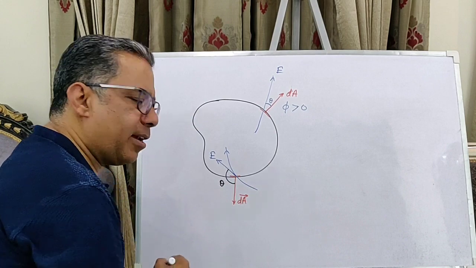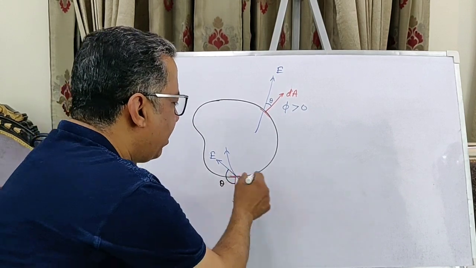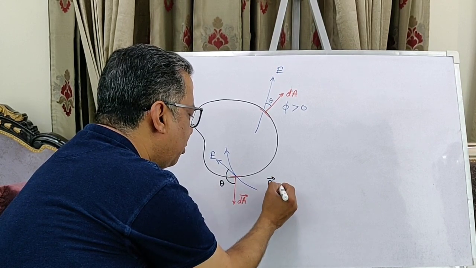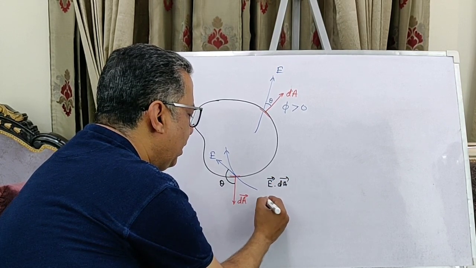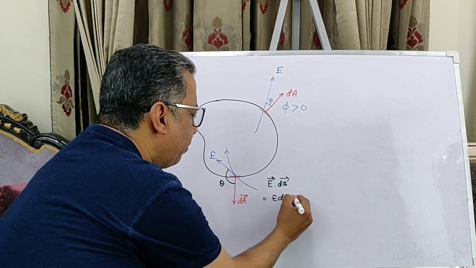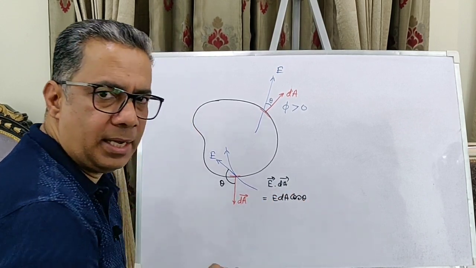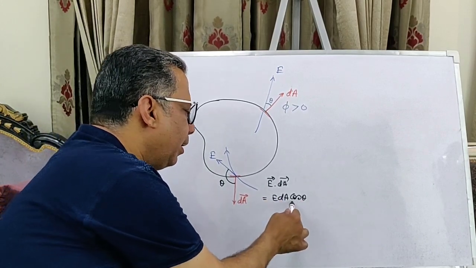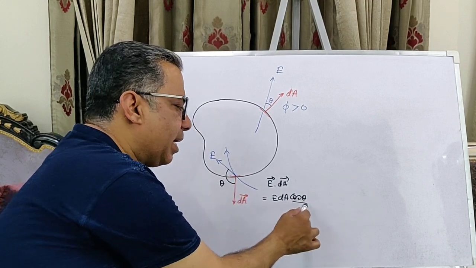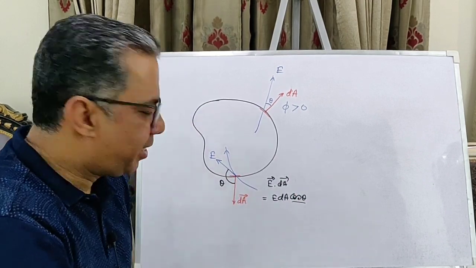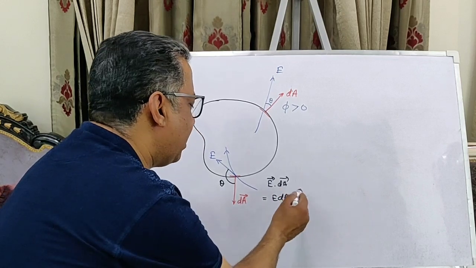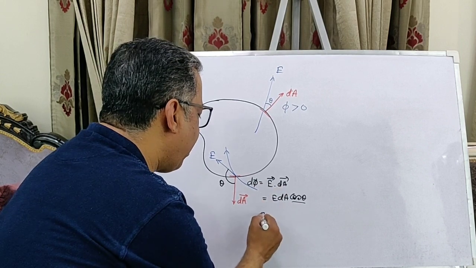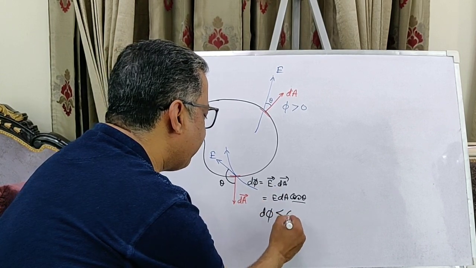It would be larger than 90 degrees or pi by 2 radian, and therefore the flux over here would be E dot dA, that's E dA cos theta. Since theta is greater than 90 degrees, cos theta is negative, and therefore this d phi, the flux, would have to be negative.